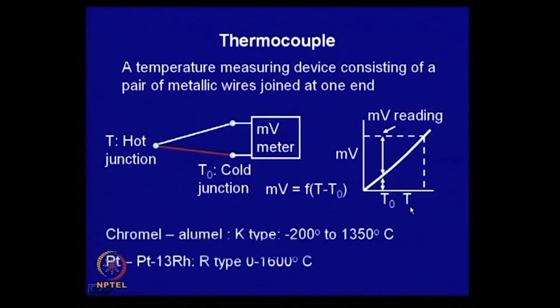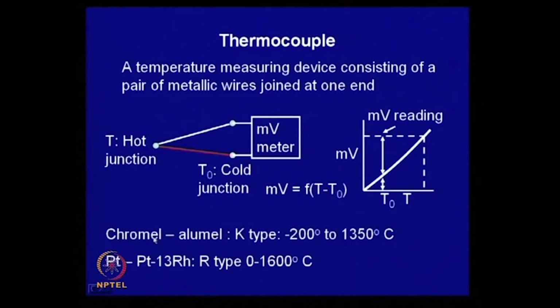Now, the question comes, what are the commonly used thermocouples, which are listed here? One is chromel and alumel. Say this is positive, this is negative. Chromel is an alloy of nickel and chromium.